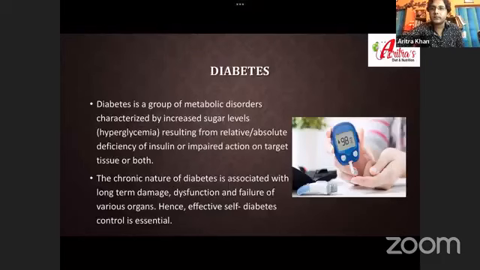I have already discussed what diabetes is. Diabetes is a group of metabolic disorders characterized by increased sugar levels, which we call hyperglycemia, and it is a chronic metabolic disorder.